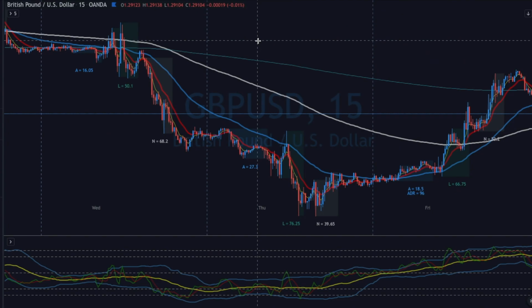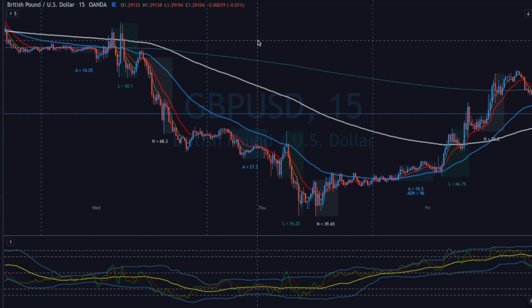All right, guys, now that we're on a chart, let's talk about how we can use this TDI to our advantage. How can we use it as an extra tool to help us confirm trades? Number one, this is just a tool, and we're going to use it to help us confirm trades.